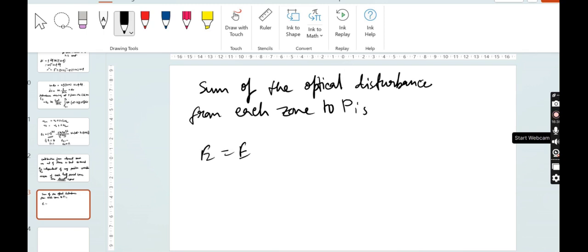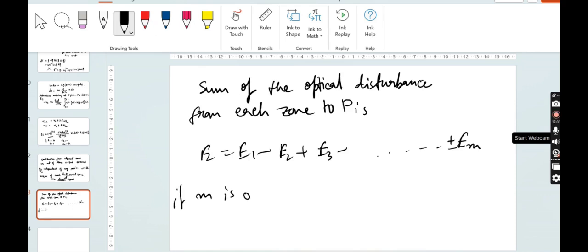So the sum of the optical disturbance from all the zones at P is E equal to E1 plus E2 plus E3 and so on till E_M. And since they are in alternate signs, E2 becomes minus, E3 plus, then this also minus, and plus, minus.